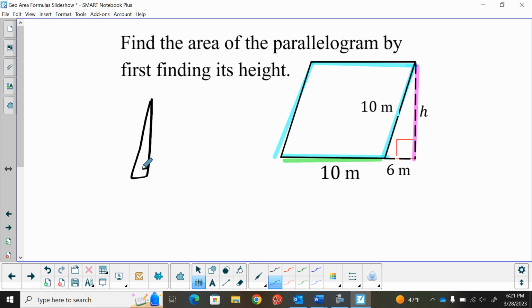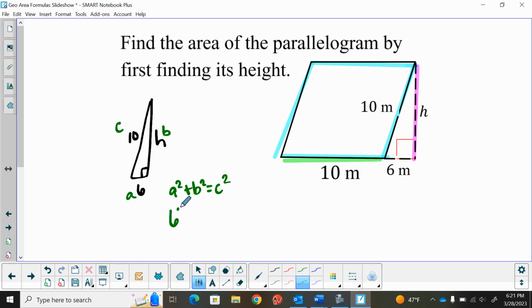And if I pull that out separately, so we've got 6, 10, we're looking for the height. When we have 2 out of 3 sides and we need to find the third, what can we use? Pythagorean theorem. So 6 and h are my a and my b. 10 is my c.